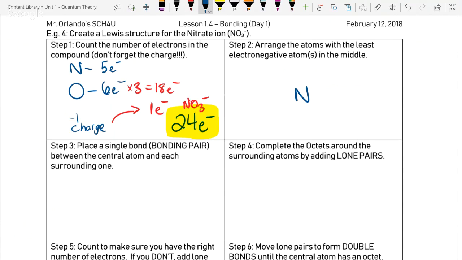Where should I put the oxygens? Surrounding it. And if we're going to do this neatly, how would you arrange them? I like the fidget spinner idea. Yeah, so we could do that. So that would be kind of like this. Cool. What do I do next?